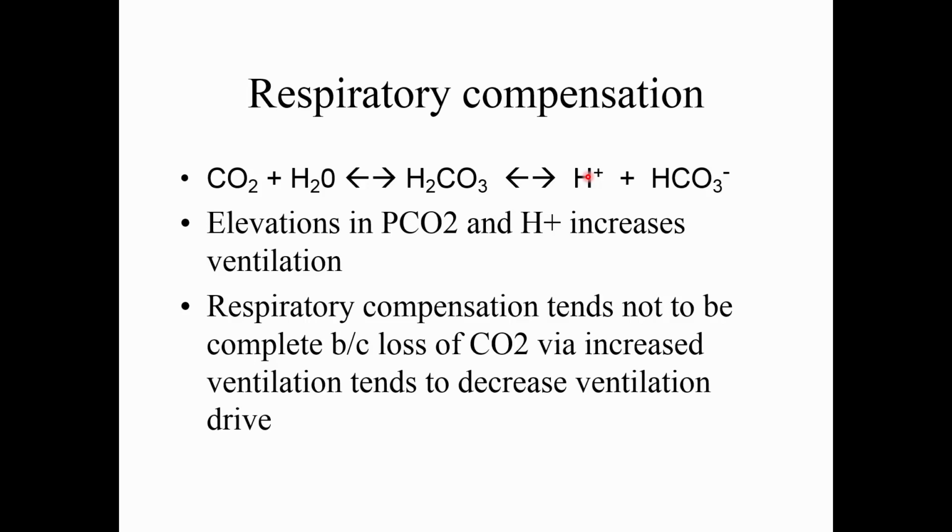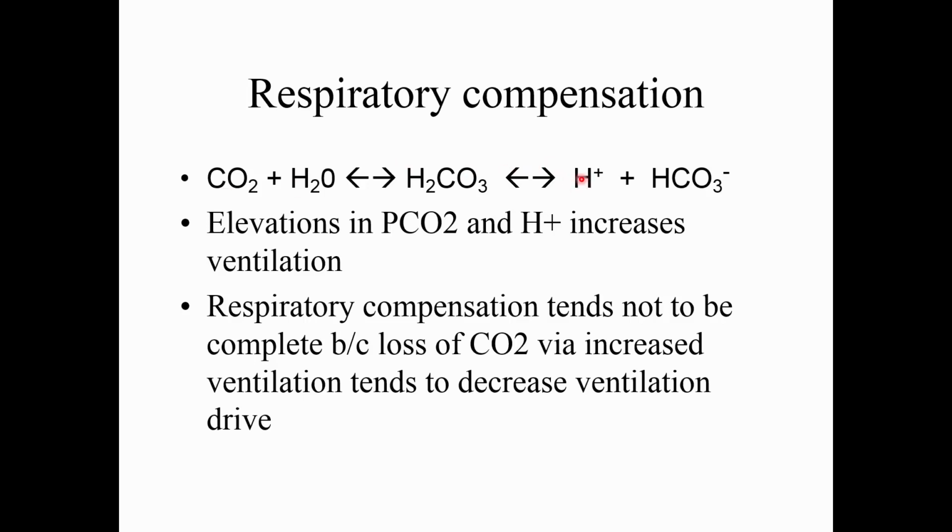The problem is, what happens as you blow off the CO2? The CO2 levels get lower and lower, and now you have less of a carbonic drive for ventilation. As CO2 decreases, there's less of a stimulation for ventilation. So it's hard to fully compensate.